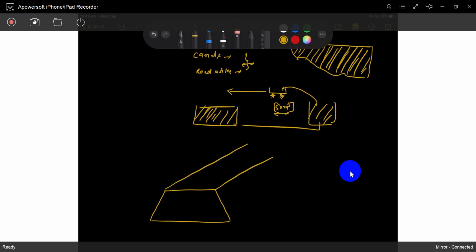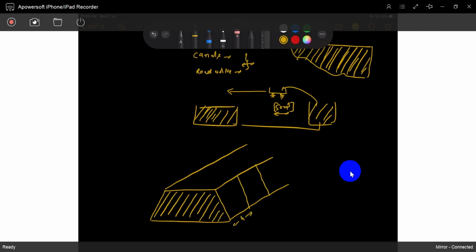Understood? So in total, how much earthwork do we require? This is the area. To get the total volume, we will divide it into intervals.